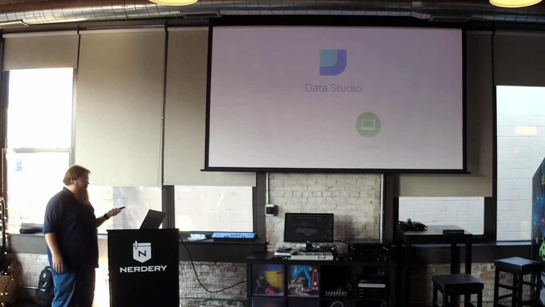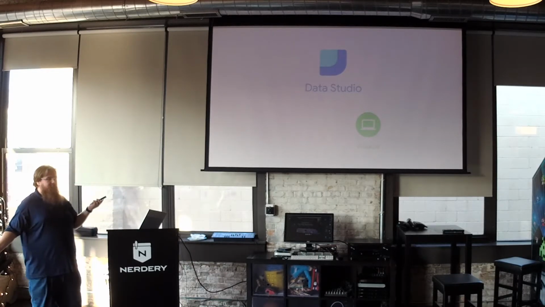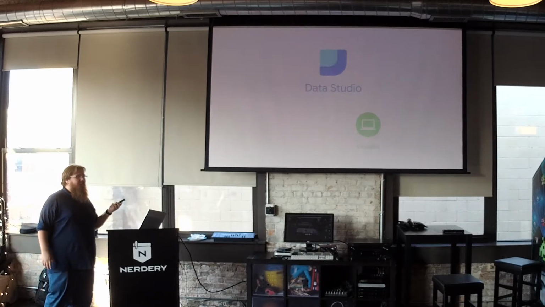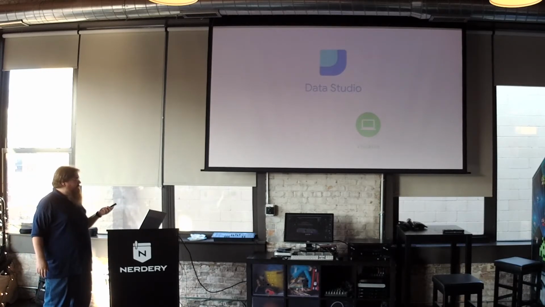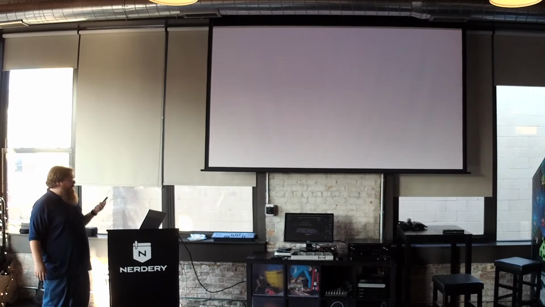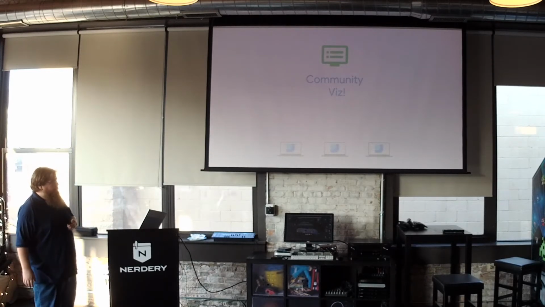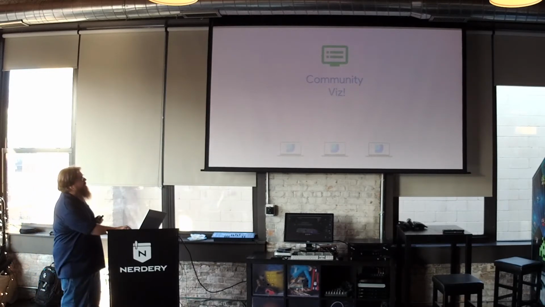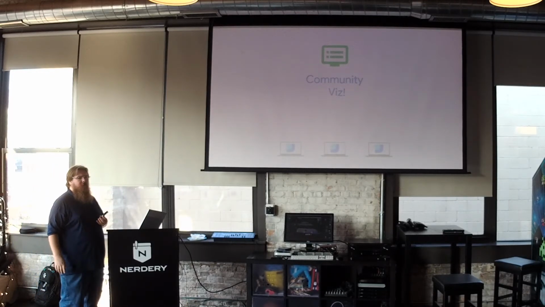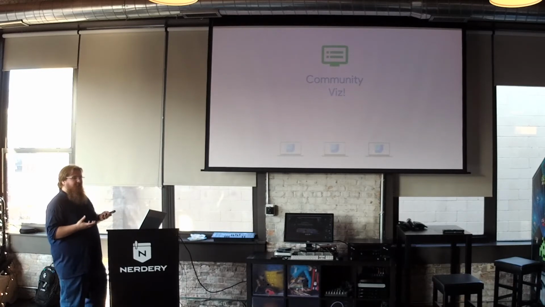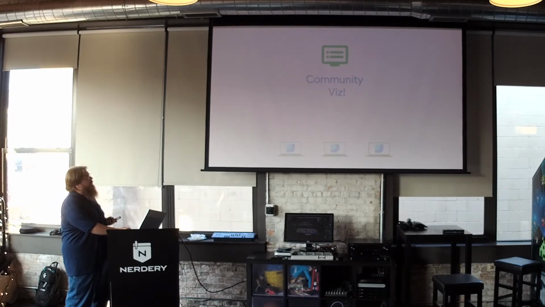So yes, you can look at data, you can figure it out, you can analyze it a bit. And you can also visualize the data, as you guys saw, which is kind of like analyzing it. But there are now community visualizations, which are really cool. Have you used D3 for making visualizations, or do you know what that is? They've made it so you can take D3 visualizations and bring them into Data Studio.